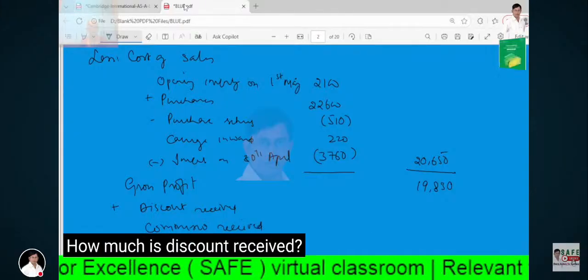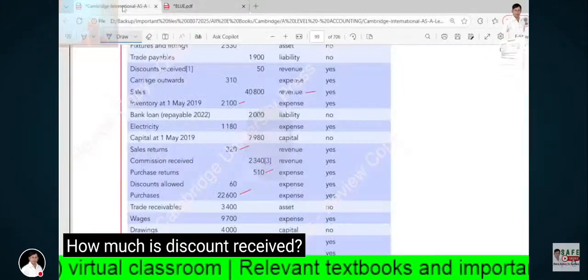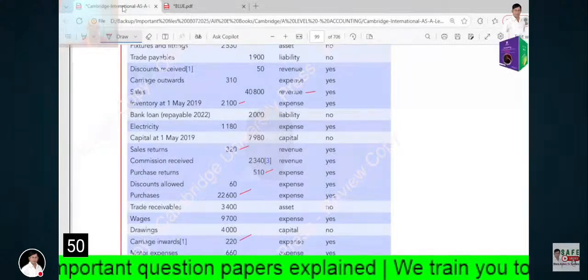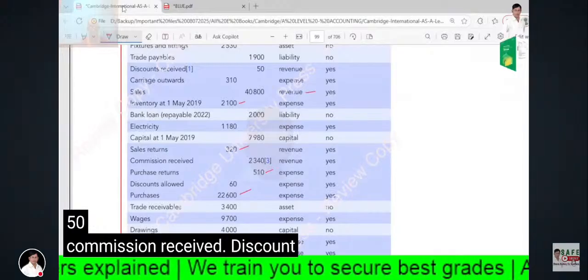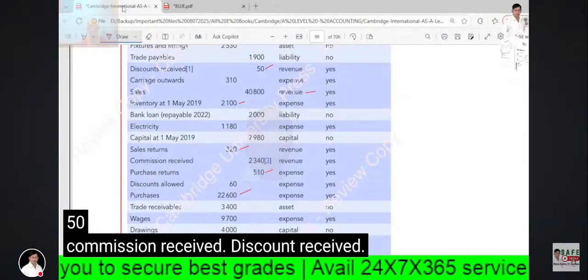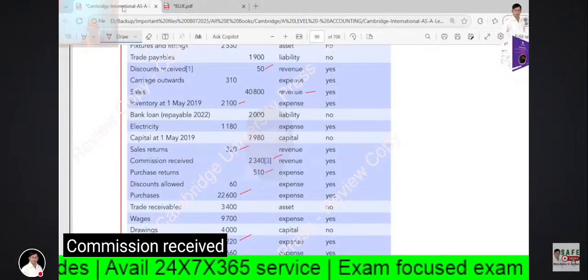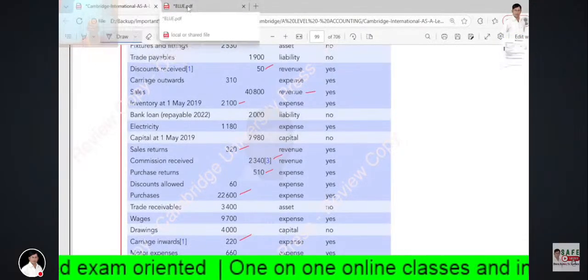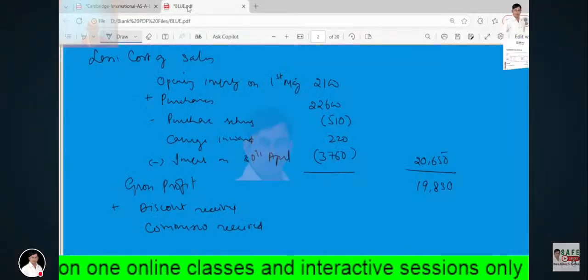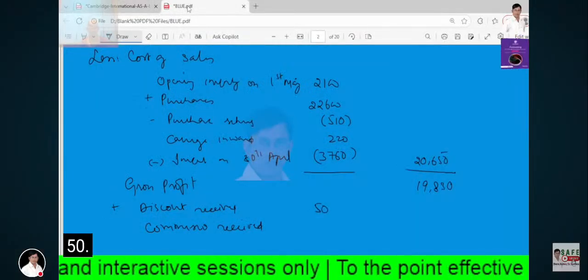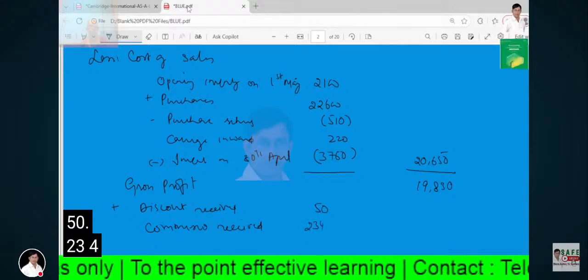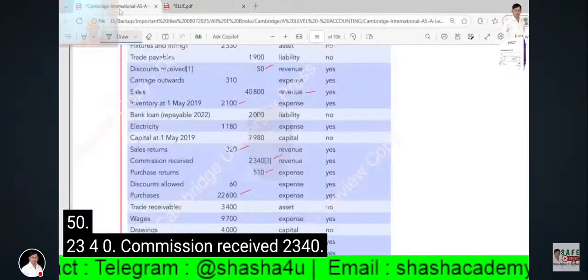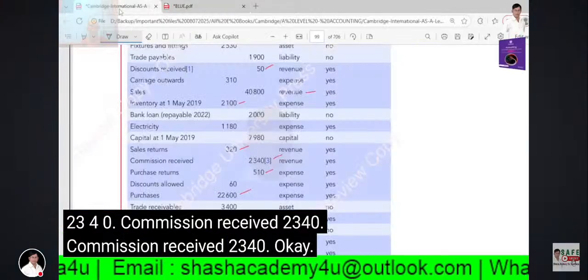How much is discount received? 50. Commission received 2340. Okay, correct.